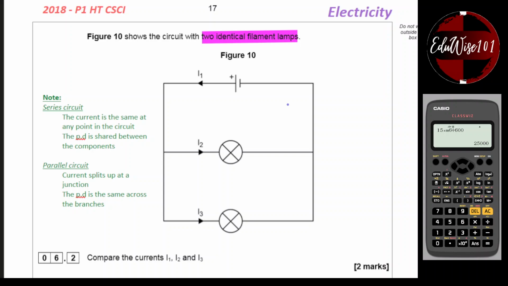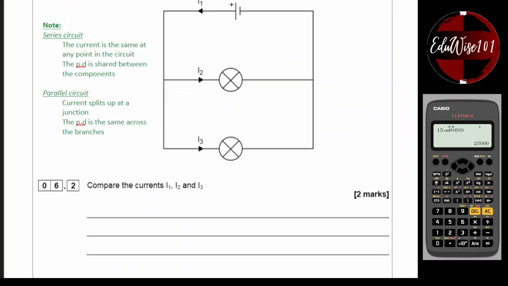So the question is asking, compare the currents I1, I2 and I3. So we can start off by saying I1 is equal to I2 plus I3.